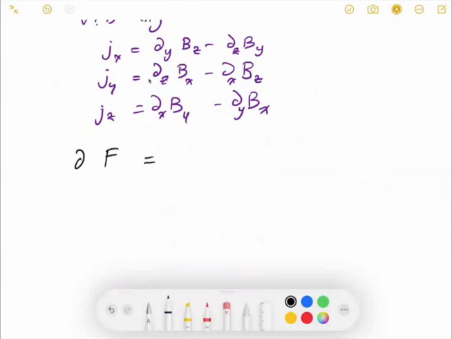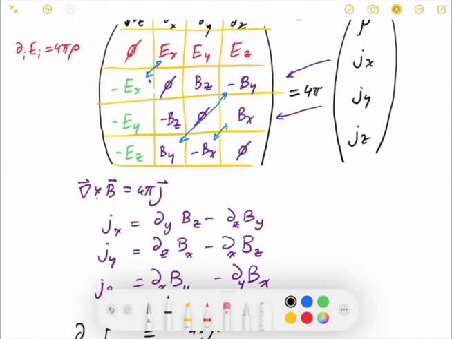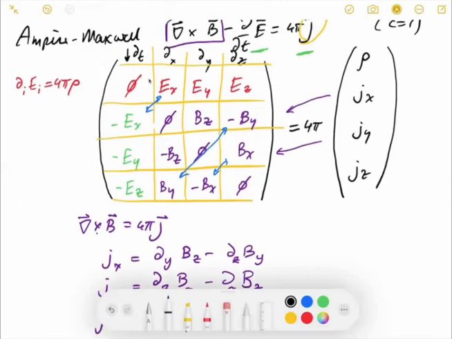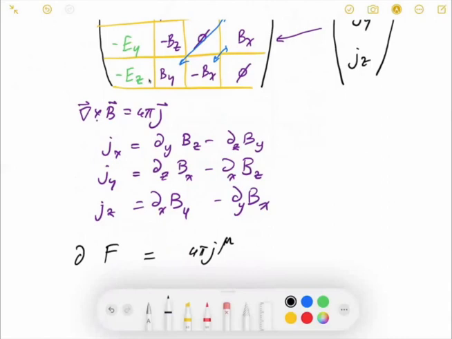And it's going to give you 4 pi times j mu. Now the way we usually write this is as follows. So mu. And then there's a minus here.